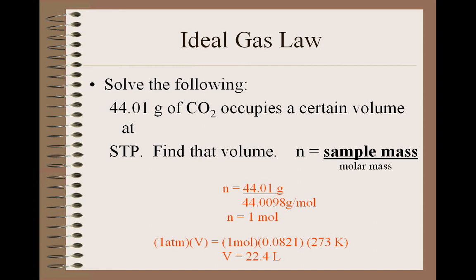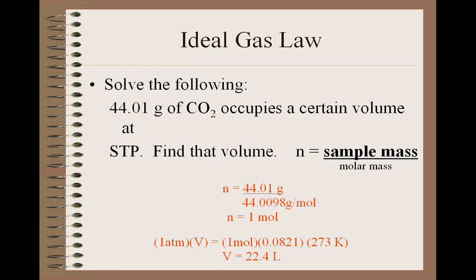That is n. So 1 atmosphere, that was our pressure. We're looking for our volume, V, is 1 mole, n, times R. So we were dealing with STP, standard temperature and pressure. That's 1 atmosphere, so the R was 0.0821, and standard temperature in Kelvin is 273.